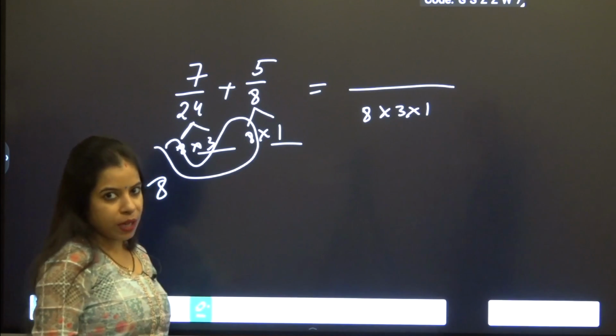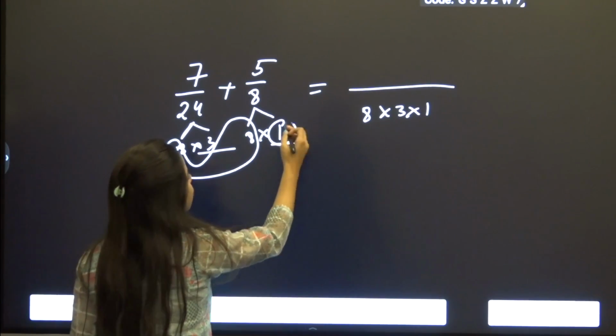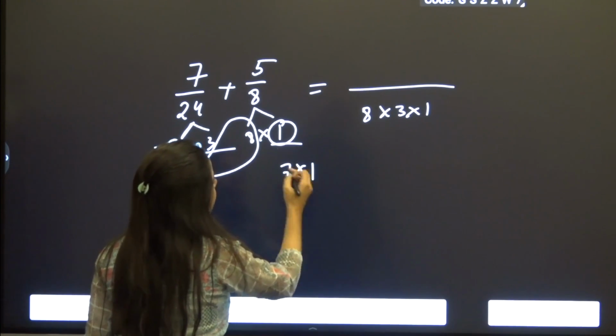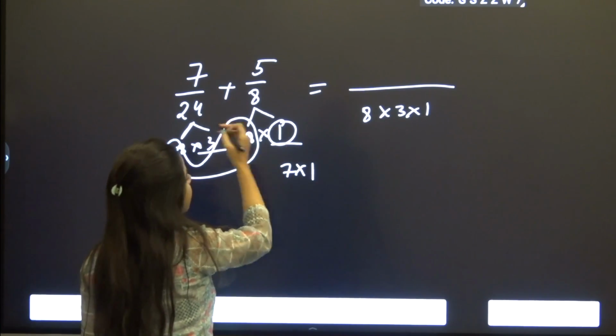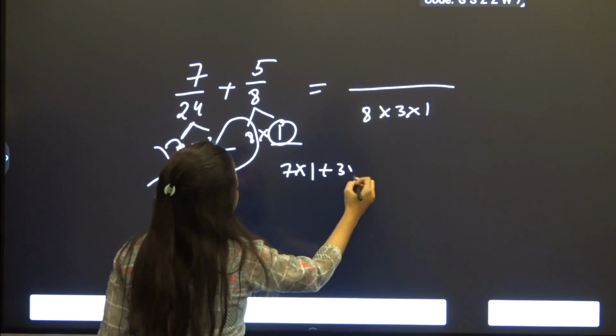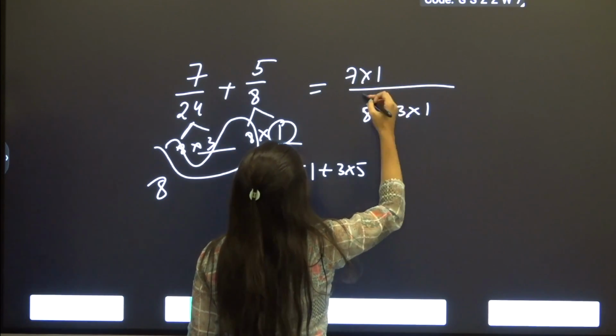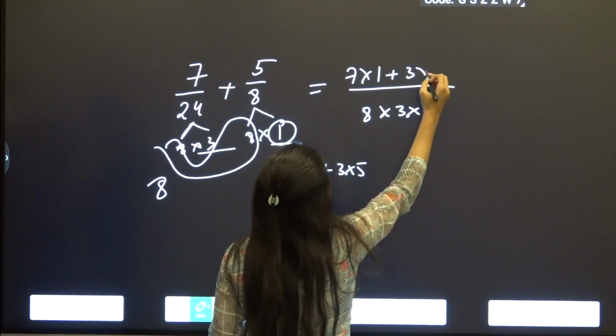This is the denominator, and for the numerator part you just have to cross multiply 1 with 7 and 3 with 5 and you have to add. So, this will become 7 into 1 plus 3 into 5.